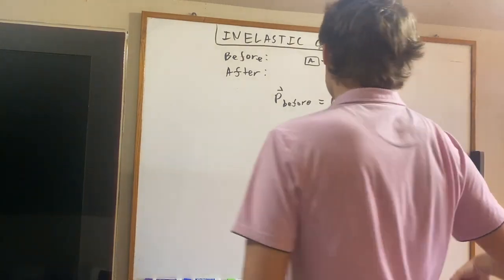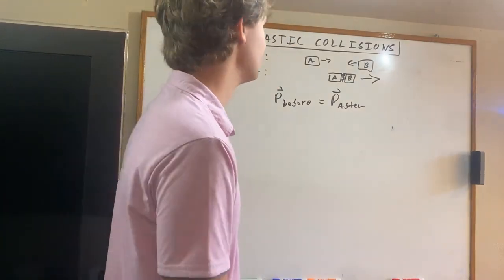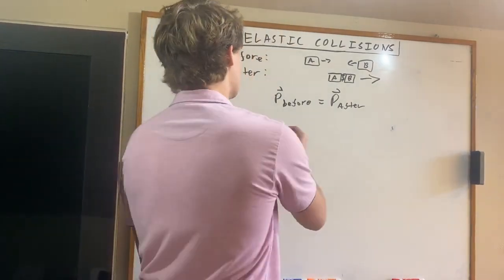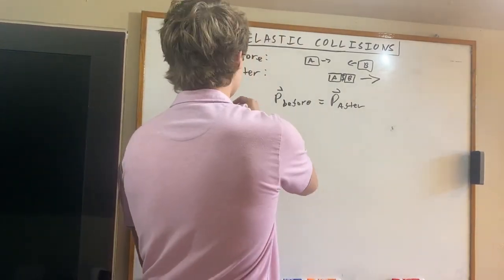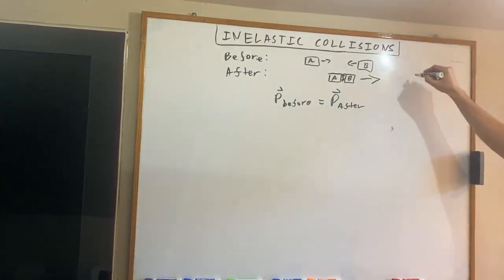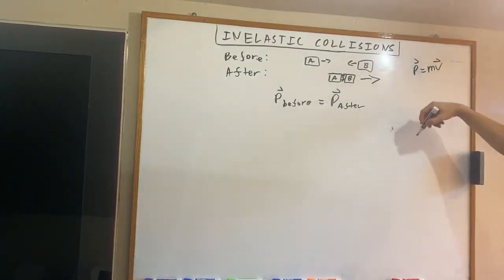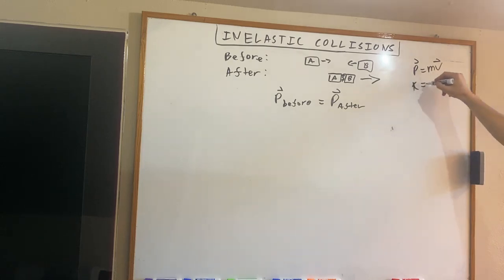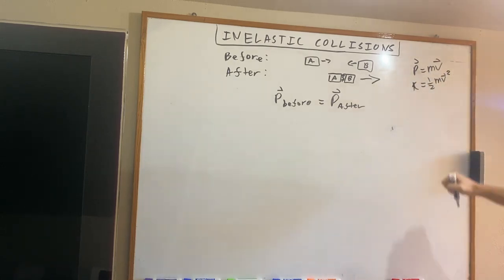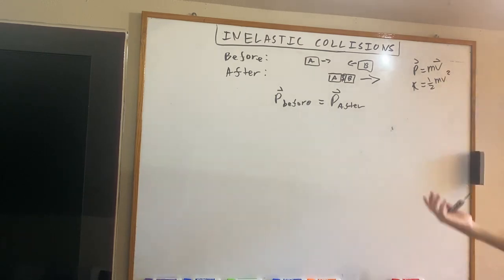So since P before is equal to P after, so momentum is conserved, there's a couple equations we're going to look at. P equals mv, and we're also going to do kinetic energy, so 1/2 mv squared. Actually the vector doesn't matter here because it's going to be squared anyway, so direction doesn't matter. So we're just going to leave K as 1/2 mv squared.